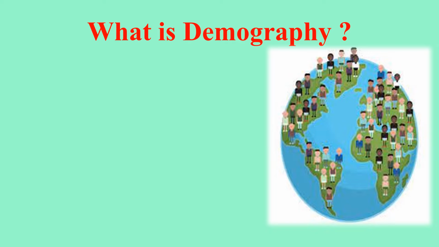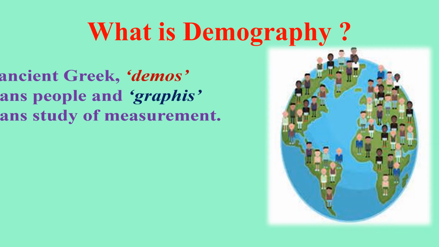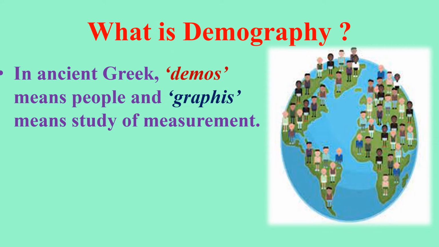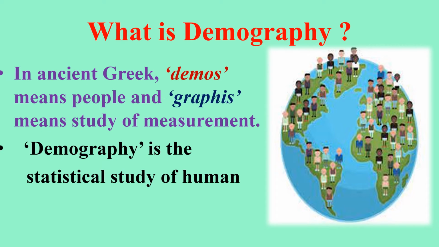Demography is a statistical study of human population. This word also came from the Greek word demos. Demos means people, graphis means study of measurement. The human population measurement is called demography.